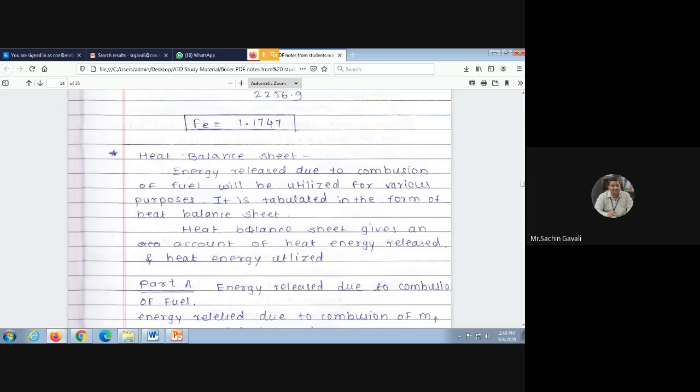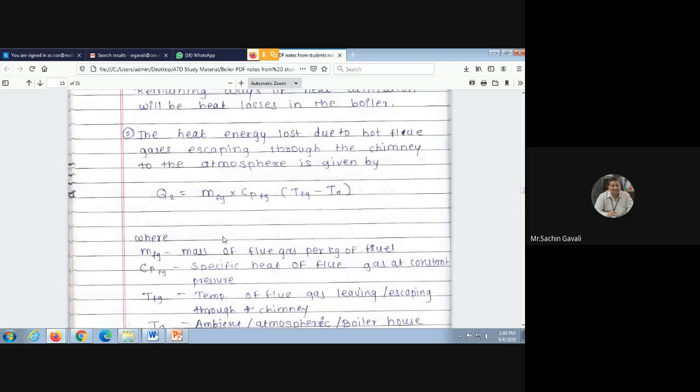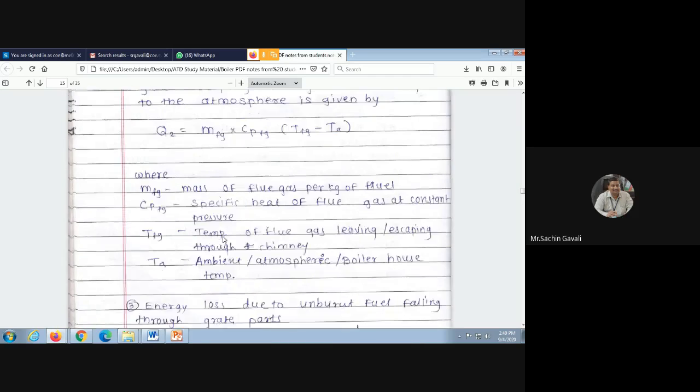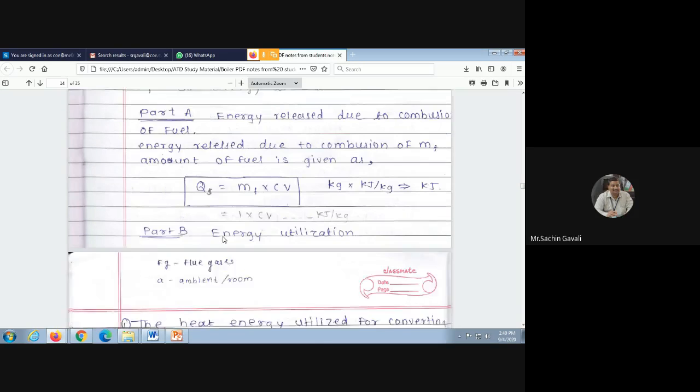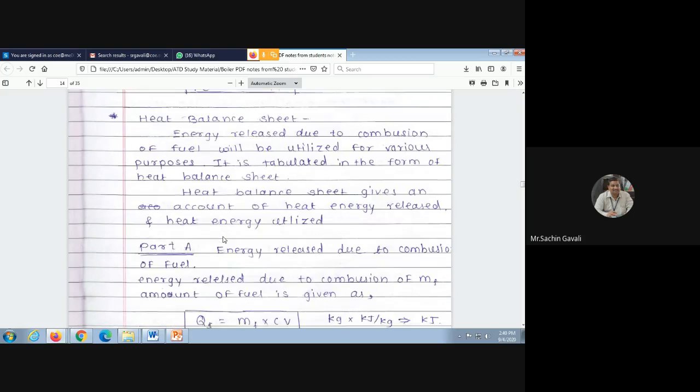Good. Okay, write down the next article. Heat losses in the boiler plant. Write down: heat losses in the boiler plant.